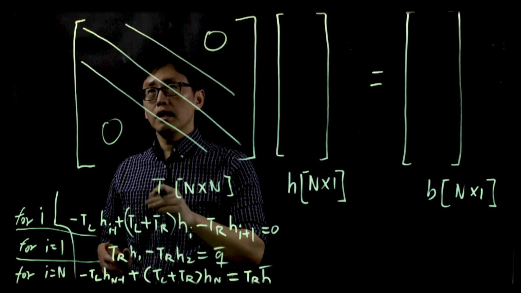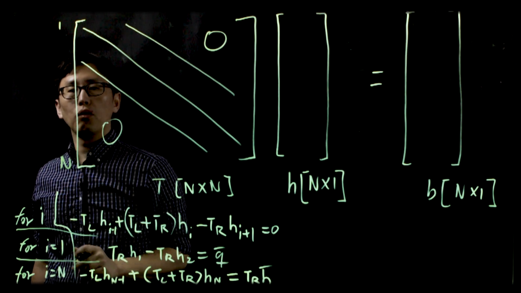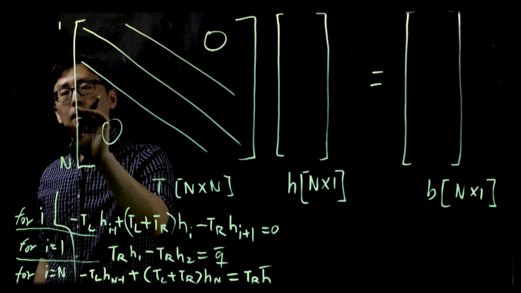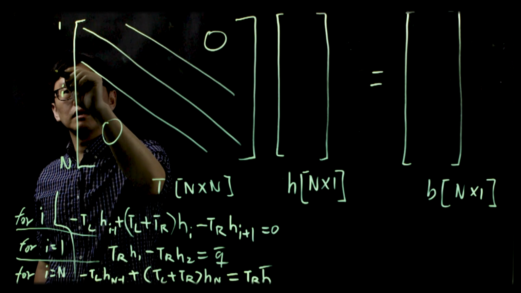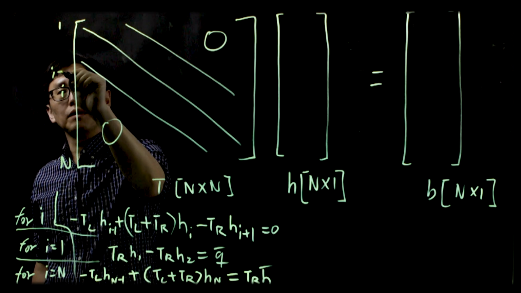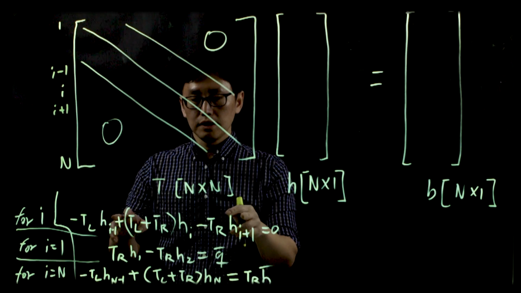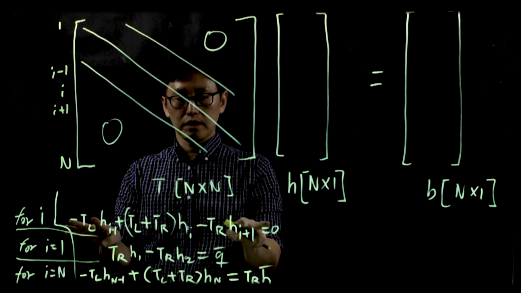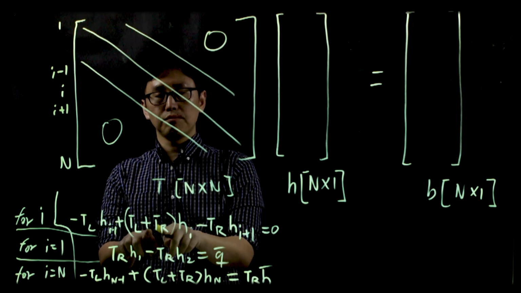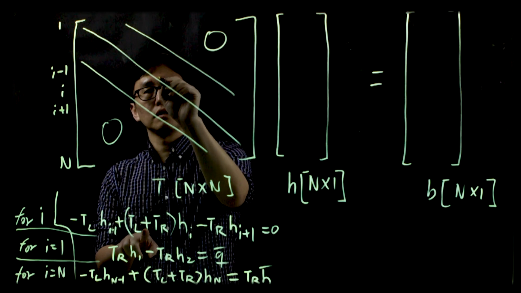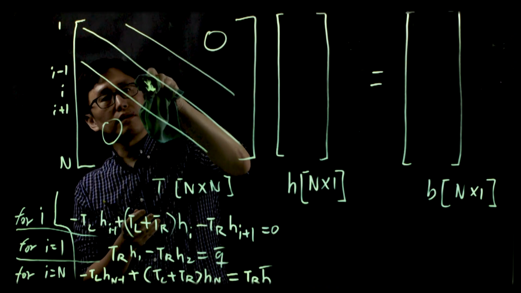And let's say the first row is 1, and the last row of this matrix is n. Then we have arbitrary cell index I, and the preceding row would be I minus 1, the next row would be I plus 1. And for this arbitrary row I expression, we have the diagonal term as TL plus TR.